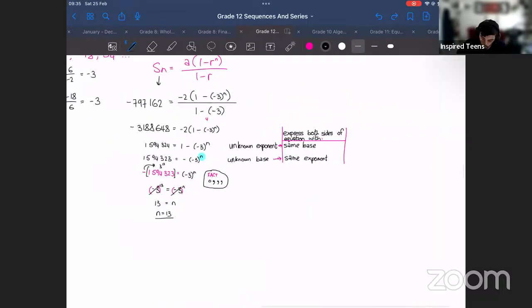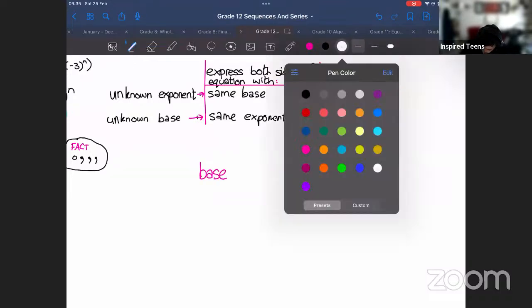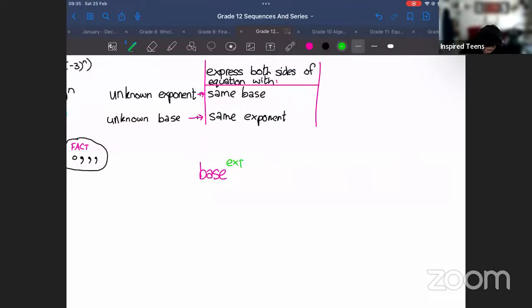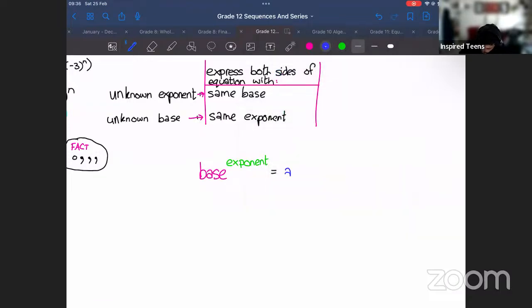Geometric. Let us do log quickly. We're going to learn that base, exponent, equals answer.